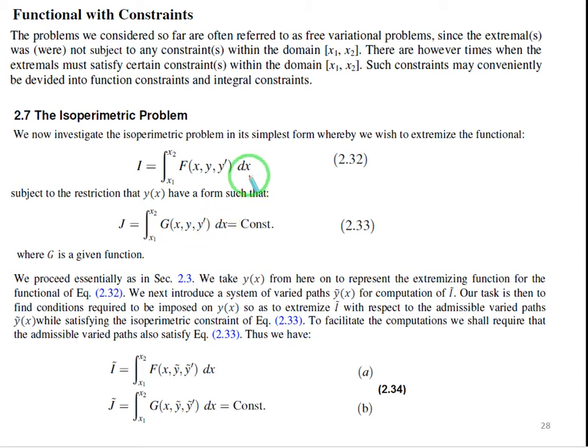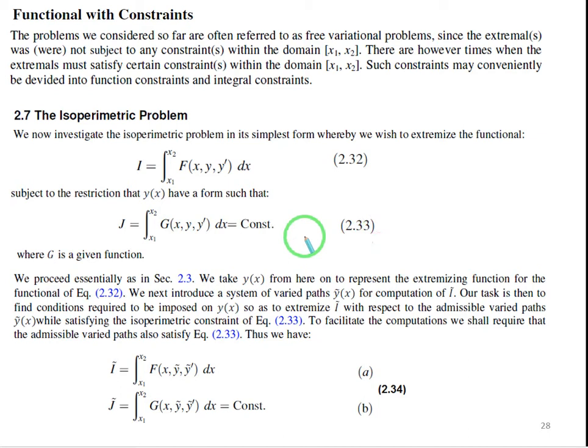We want to find the extremum value of I, but at the same time y must satisfy the following boundary conditions, equation 233.